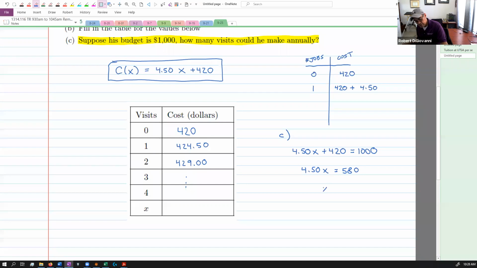I'm getting x is approximately 128.89. Anyone else get that? That's what I got. Yeah. Okay. So that means in terms of number of visits he can do, 128.